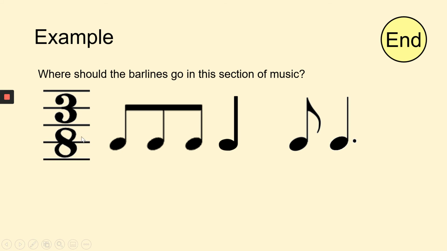So all we have to do is go through, and every 3 quavers, we put in a bar line. So we have 1, 2, 3 quavers here. So we'd want to have a bar line down here. We then have a crotchet, which is worth 2 quavers, and a quaver, which is worth 1. 2 plus 1 is 3, so we'd want to have another one here. And then this dotted crotchet lasts for 3 quavers in total, so we'd want to have another bar line just after it. So we have bar lines here, here, and here.